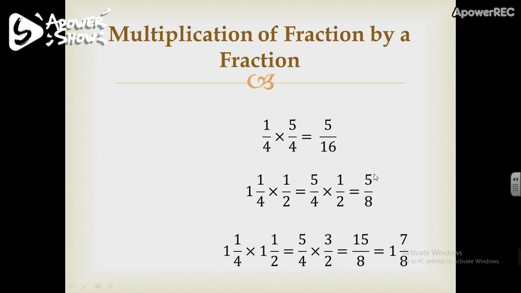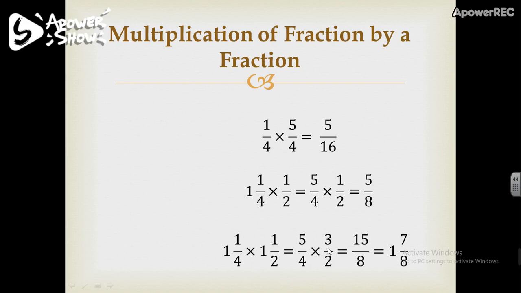Again the result is obtained by multiplying numerator by numerator and denominator by denominator. Now in the third example I am taking 2 mixed fractions. So 1 1/4 multiplied by 1 1/2, which is equal to 5 by 4 multiplied by 3 by 2. 5 by 4 is an improper fraction of 1 1/4 and 1 1/2 is a mixed fraction of 3 by 2.